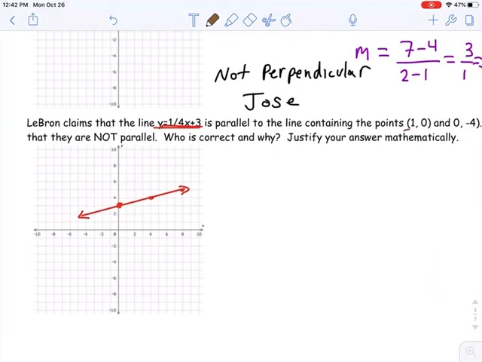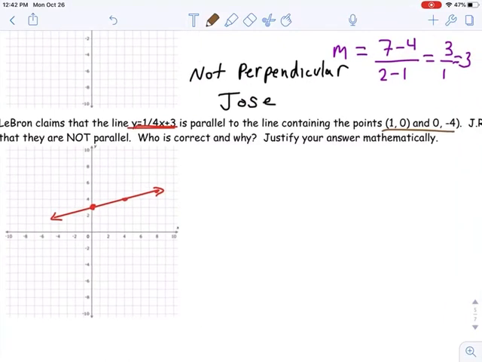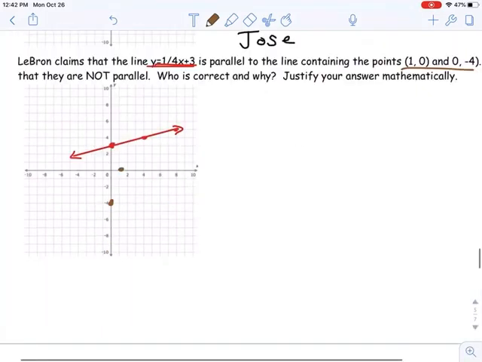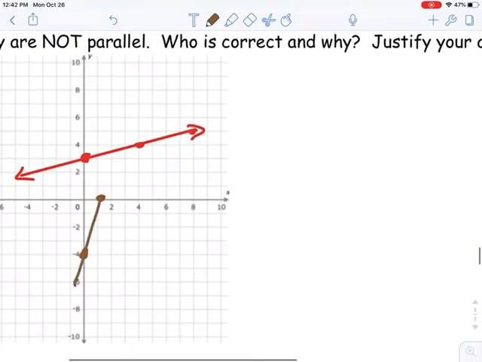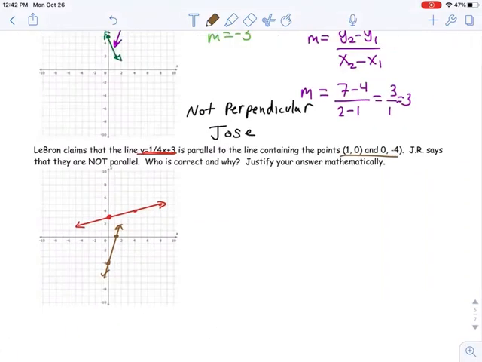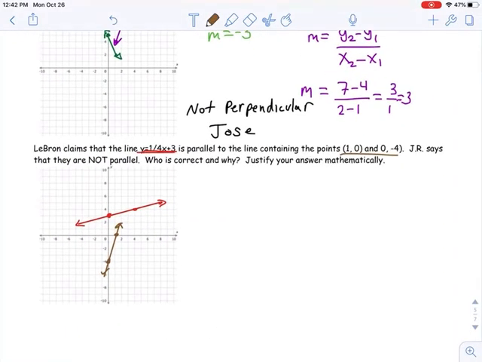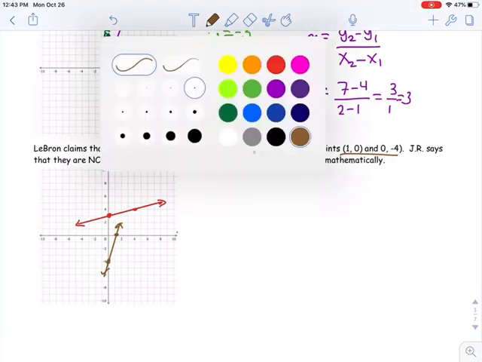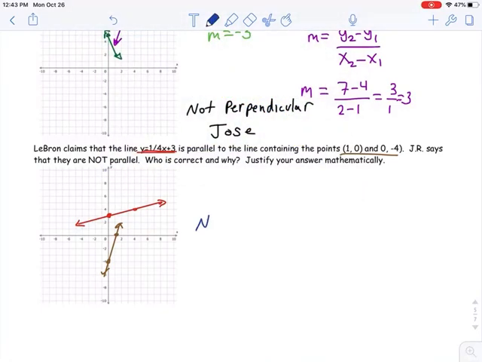So (1, 0), and then (0, -4). I can be confident by just looking at this that they're not going to be parallel. They're clearly going to intersect. So who's right? JR's, they're not parallel.